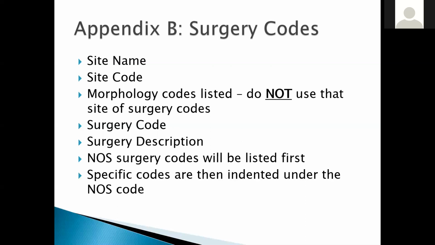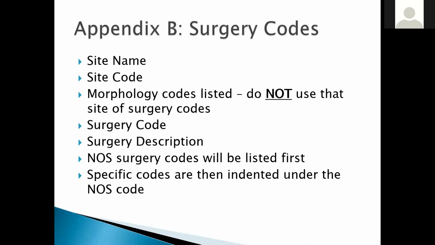So if there's a histology code listed, and that's the histology that your case is, you would not use those surgery codes. So just make sure that the "except for" is stated, okay? It's kind of weird that it's the opposite, but just note the "except for."